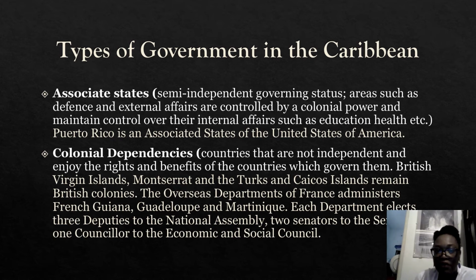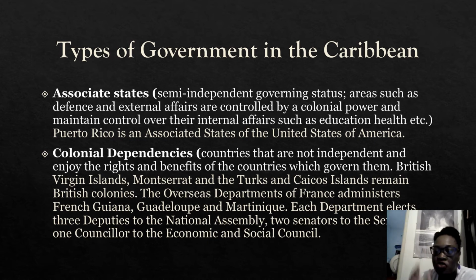So what you'd have is internal affairs, things like education, everything that has to do with what happens within the country, they will control. But everything that deals with them dealing with another country, that other country assists them, right? So an example of an associate state in the Caribbean would have been Puerto Rico, which would have been partially governed by the United States.